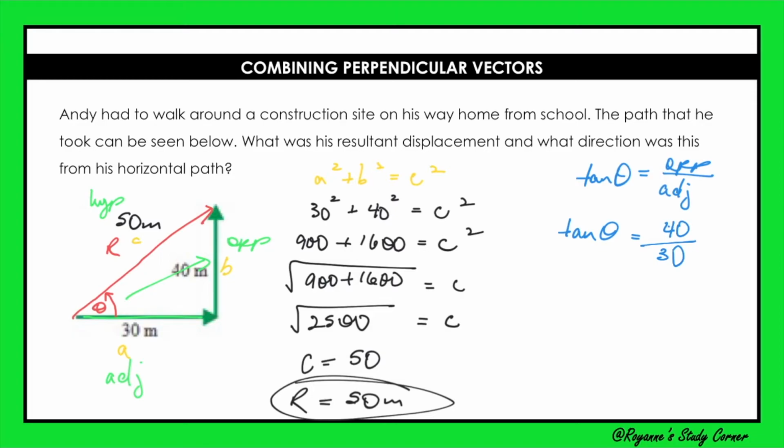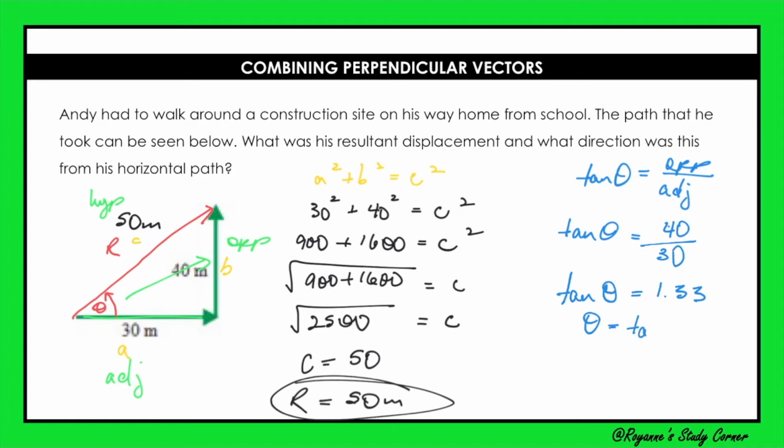Now you can do one out of two things. You can leave this as a fraction and rearrange, or you can convert it as a decimal. Just for those people who like to work out everything at each step of the way, I'm going to convert it to a decimal. So this will be equal to 1.33. Now if we want to find theta, we know we have to have theta alone on one side and we have to put that tan over on the other side.